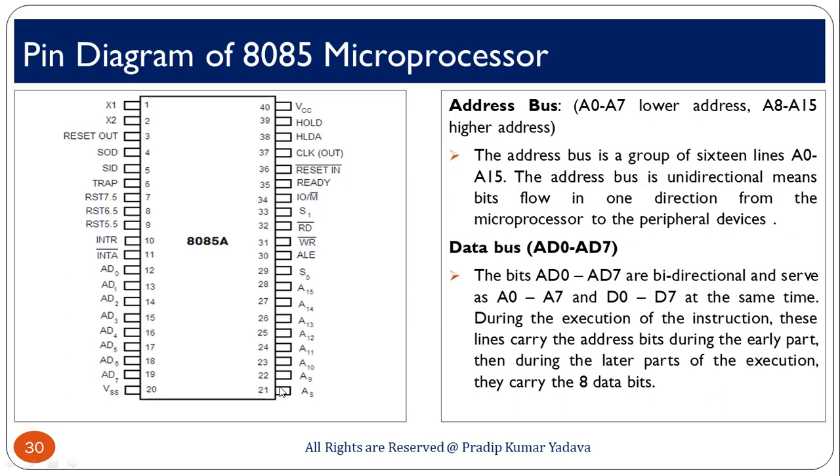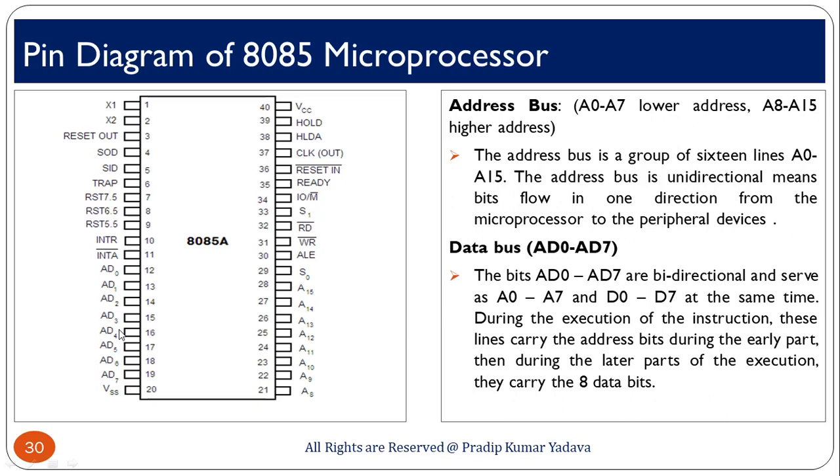Talking about the data bus, the lines AD0 to AD7 are bidirectional and serve as A0 to A7 and D0 to D7 at the same time. These pins are multiplexed and work as both A0 to A7 and D0 to D7. During the execution of any instruction, these lines carry the address bits during the early part, and during the later part of the execution they carry the 8-bit data.